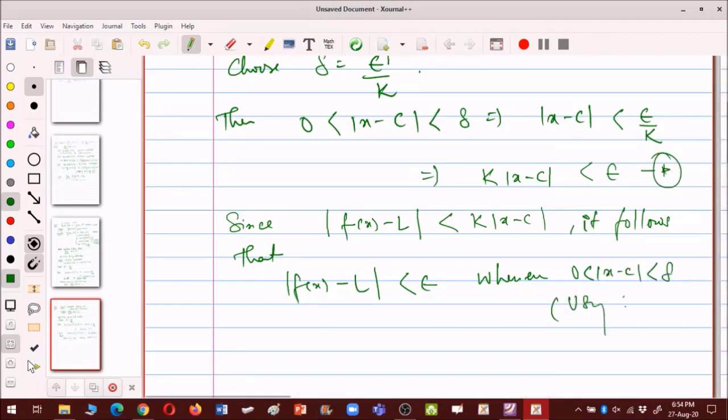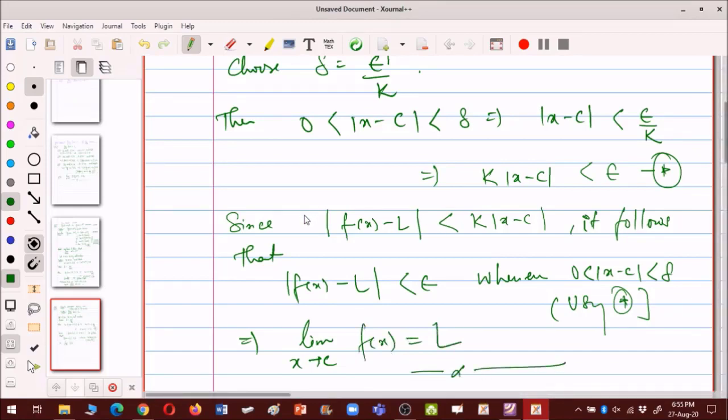Using star, by the definition of limit, this implies limit x tends to c of f(x) is equal to l. So this is the proof of question number 6.